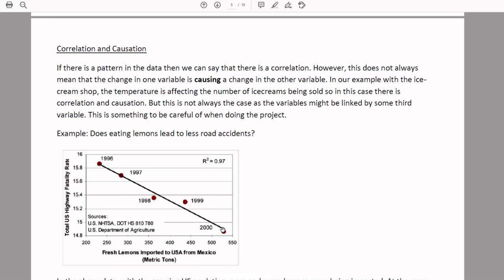Okay, so there is correlation because of the graph, but there's not what we call causation. The extra lemons cannot be causing fewer deaths, unless eating lemons improves your eyesight or something like that, but that'd be unusual. So you can see it doesn't make any sense in this case.